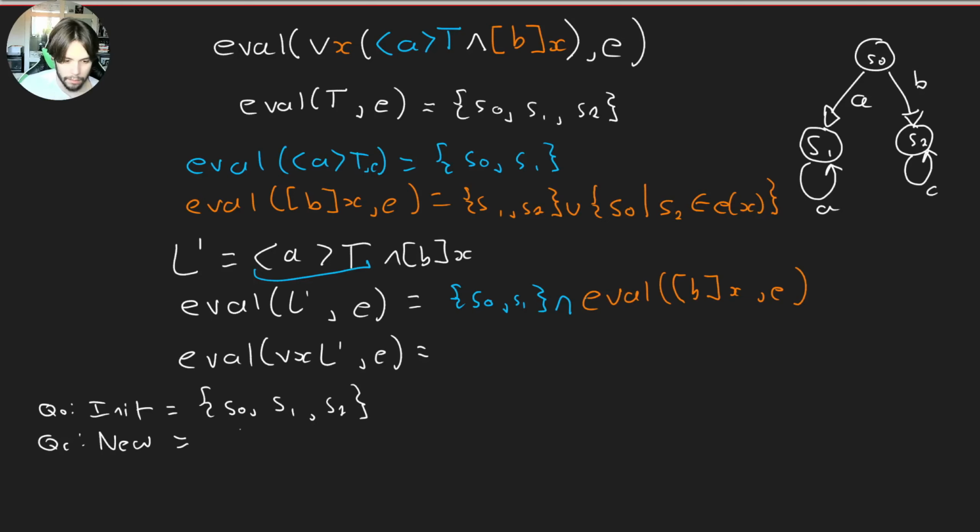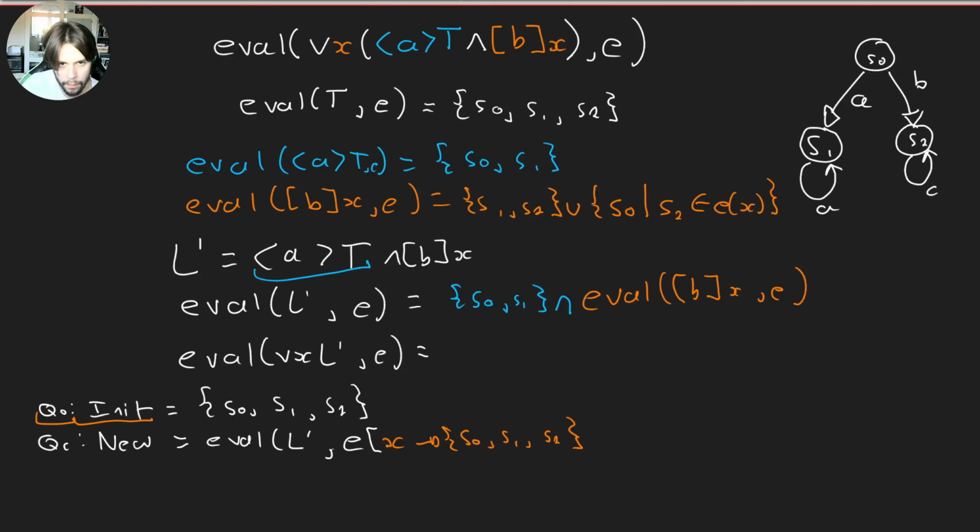Now our new value must be evaluated. So we must say eval, and this is going to be eval of L prime, the inside of this new X, with our map. And now this is actually where we declare this map. What is this map going to be? This map is going to take X, so it's the value X, and map it onto Q0, or our initial value, which is actually just all of the states.